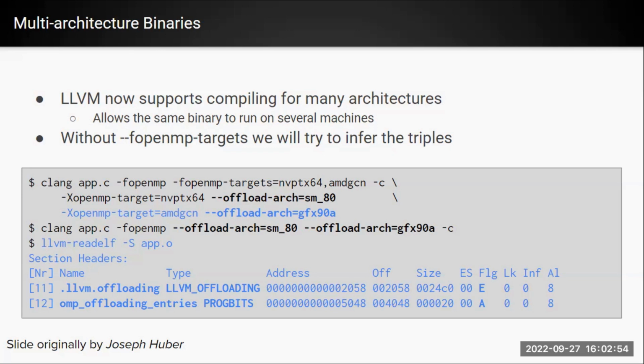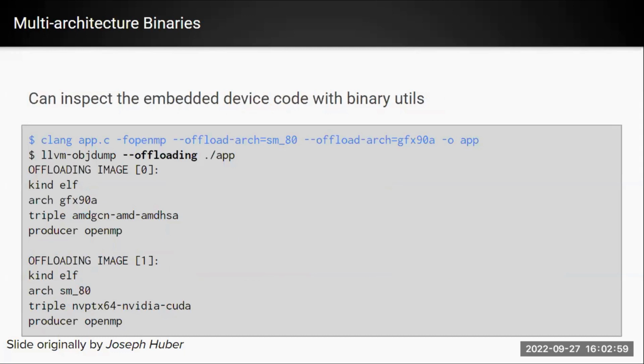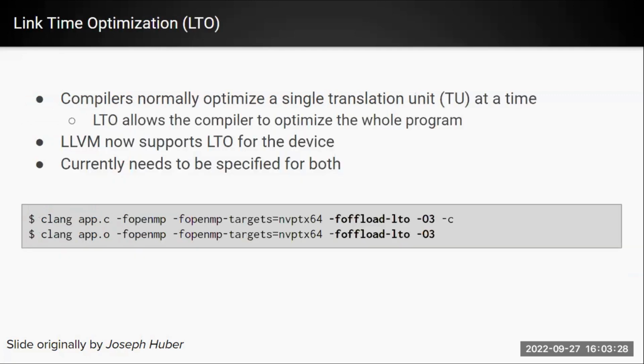One of them just determines all the kernels. The other one contains all the blobs of memory inside. You can also ask it to tell you more about what is contained in there. So you can use llvm-objdump with the offloading flag to get information about the embedded device code inside of an object file. You probably won't need this, but if you ever need this, this is really handy. Because if you really need this and something like this is not available, you have a problem.